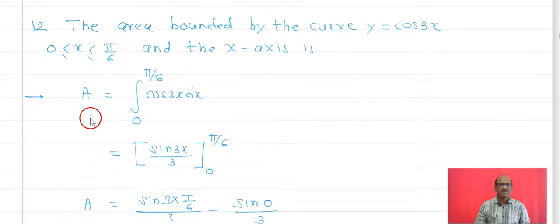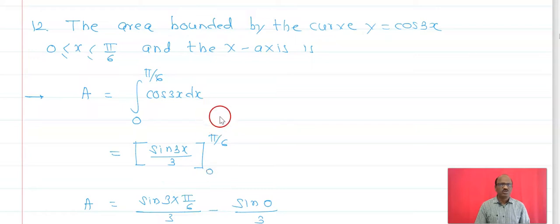Now, the next problem. The area bounded by the curve y is equal to cos of 3x, where the value of x lies between 0 to pi by 6, and the x-axis, is given by capital A is equal to integral 0 to pi by 6 cos of 3x dx. Therefore, what is the integral of cos of 3x? It is sine of 3x upon 3, 0 to pi by 6.